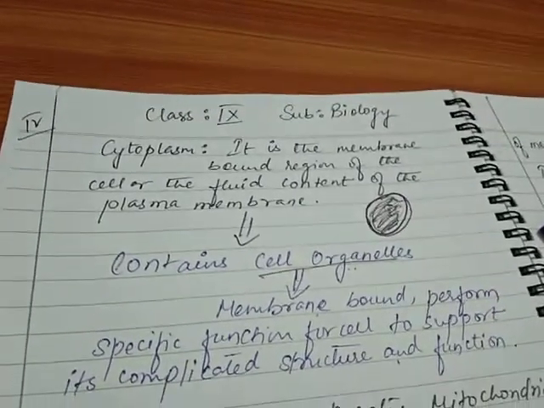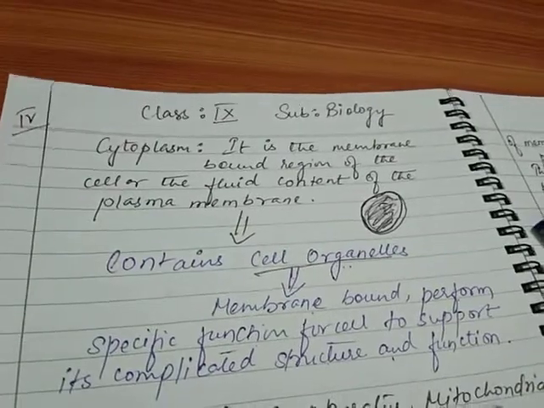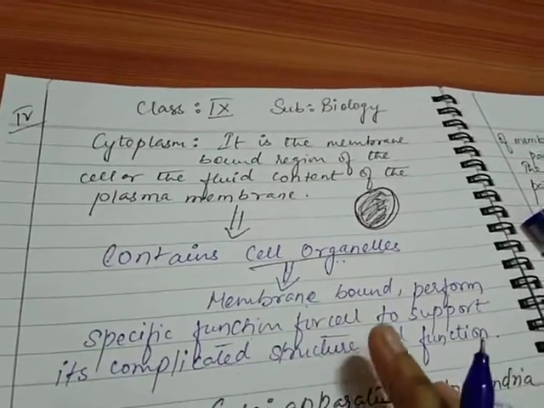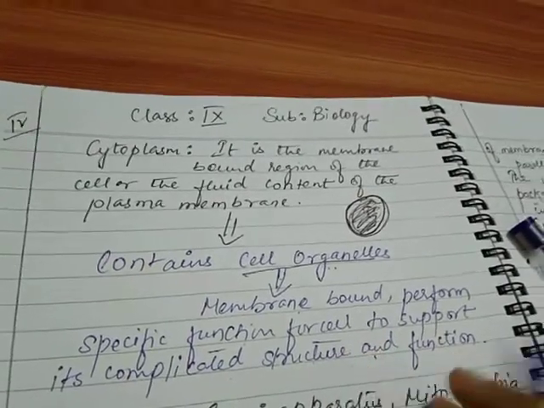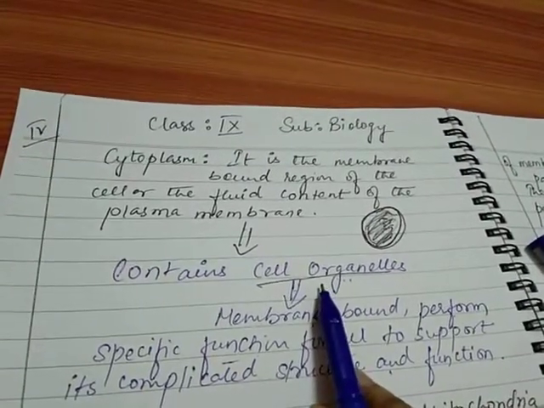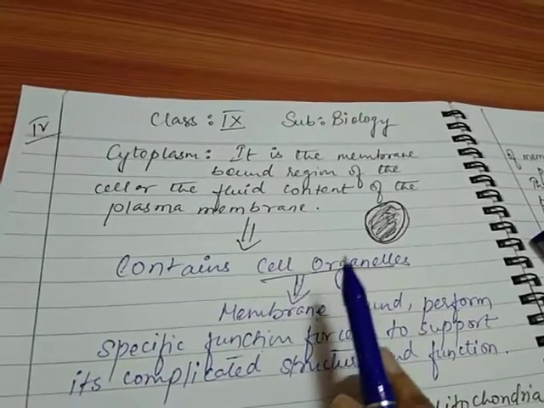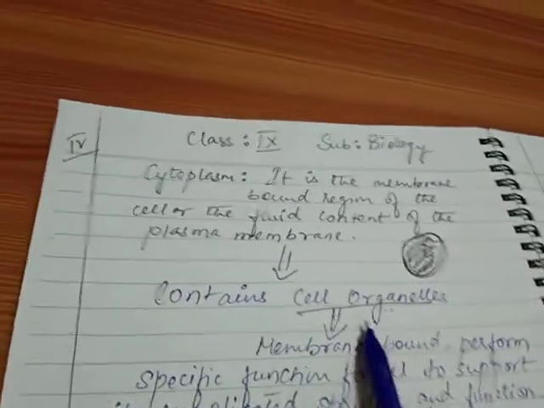We know that the cell has various functions as it is the structural and fundamental unit of life. So the cell survives and performs its own function with the help of these cell organelles. So in today's class we are going to study some of such cell organelles.